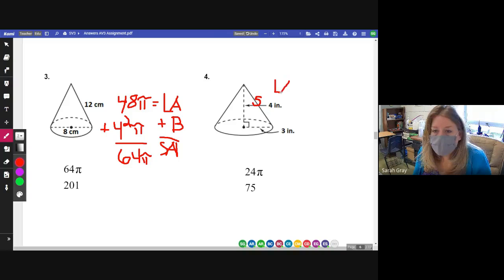So my lateral area for a pointy figure is 1/2 times perimeter times slant height. Perimeter is going to be 2 times the radius times pi, so that's 6 pi. Slant height is 5.